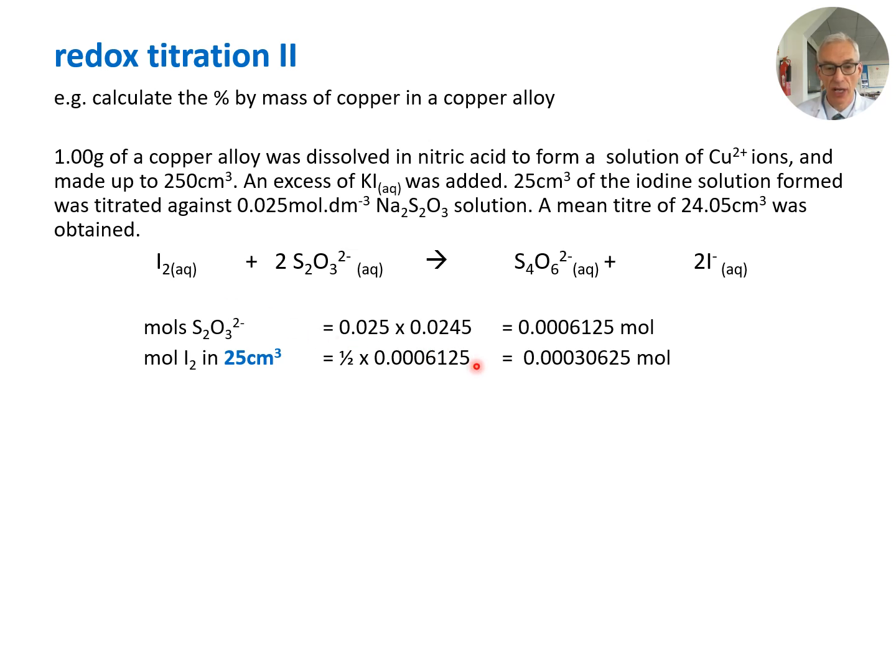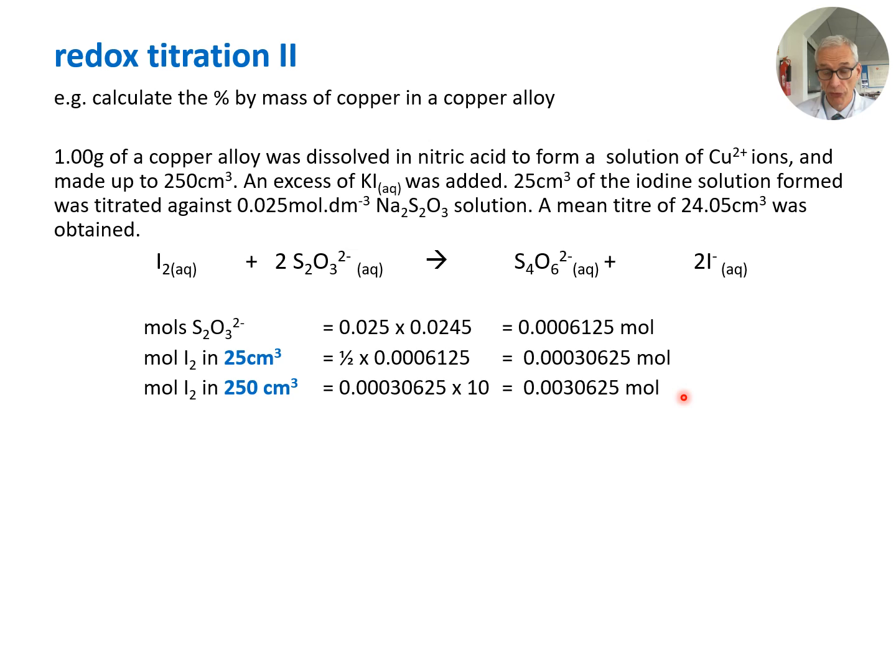So the moles of iodine in 25 is half the reacting moles of thiosulfate. Comes out as such. But we've taken a 25 centimeter cubed sample of the iodine solution. How much iodine was formed in 250? So we multiply the moles in 25 by 10 to give us the moles in 250.